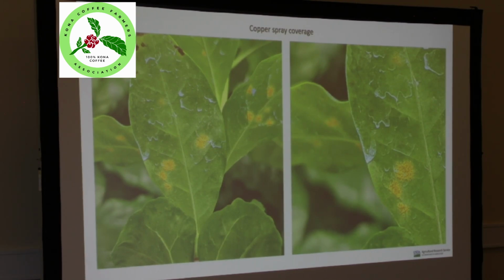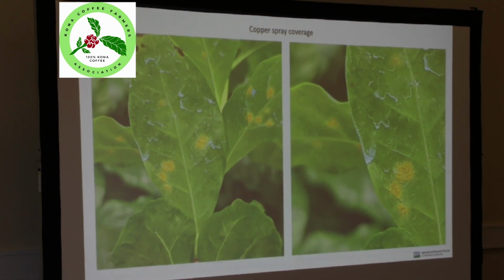You can see kind of an uneven coverage, and there was no sticker spreader with this. So you see where the droplets landed. They did spread a little, but the spores obviously hit areas close to stomates that weren't already protected, which allowed them to germinate inside, actually get established, grow back out, and produce abundant spores.